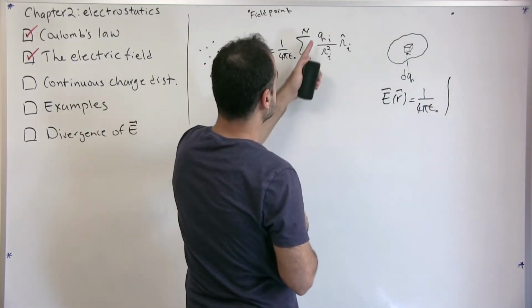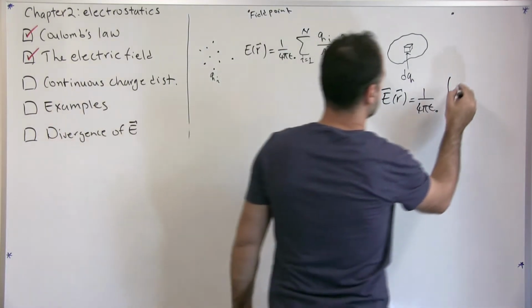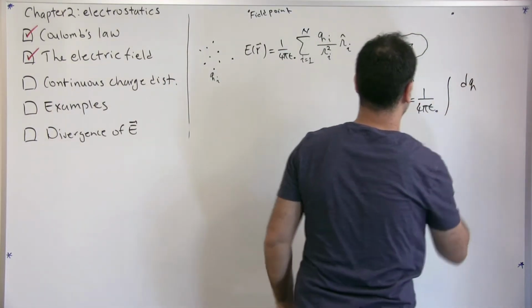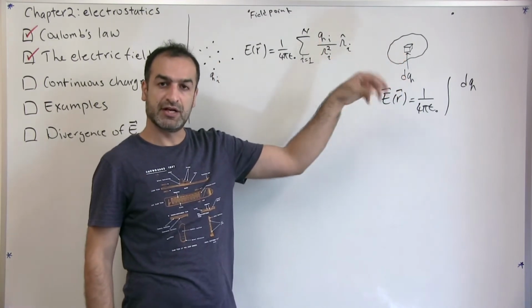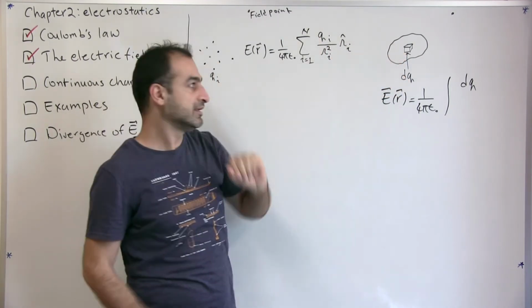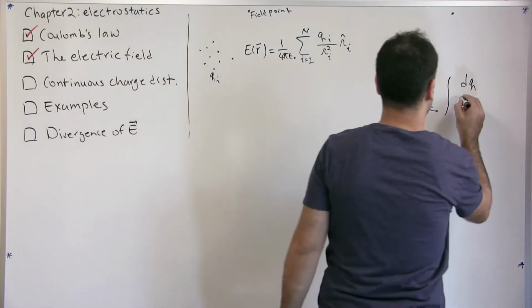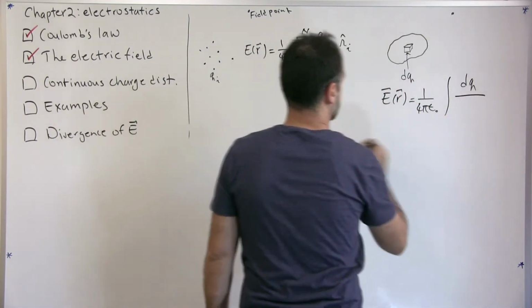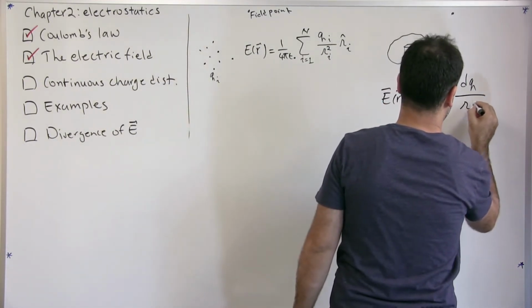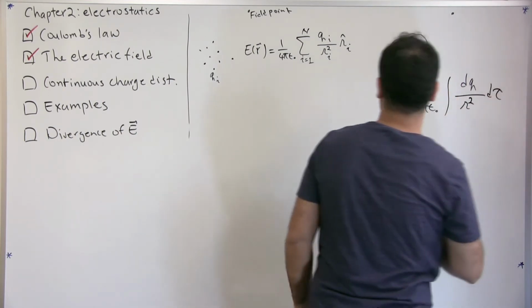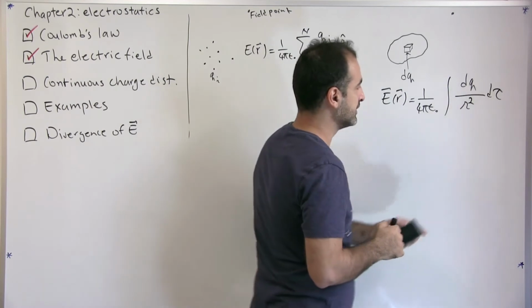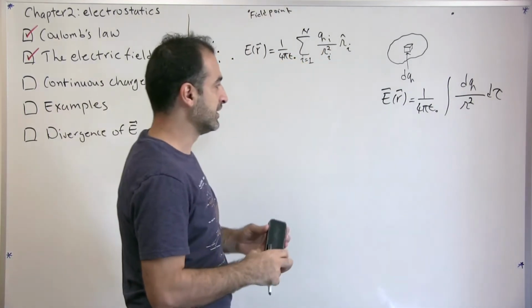Okay, so instead of Qi, I'm going to use dq. Okay, so this is technically the charge within each infinitesimal volume divided by our separation vector square times d tau, because we are doing the integration over the volume, okay?